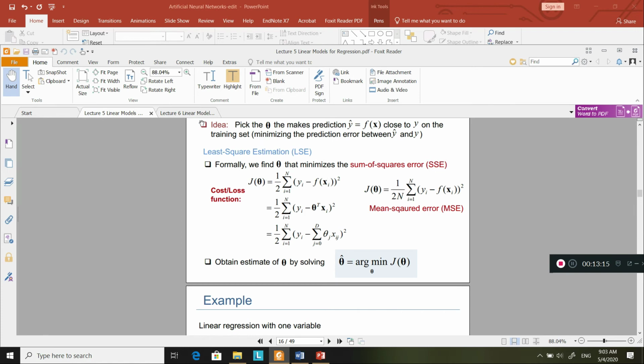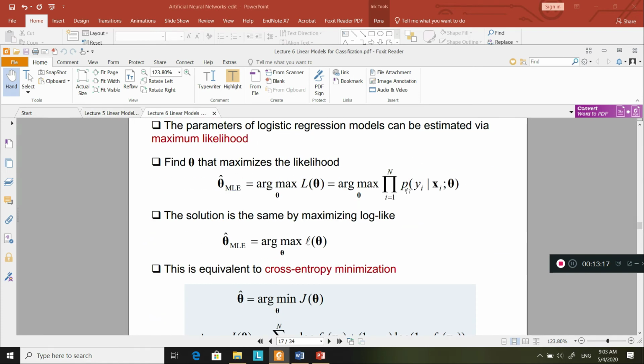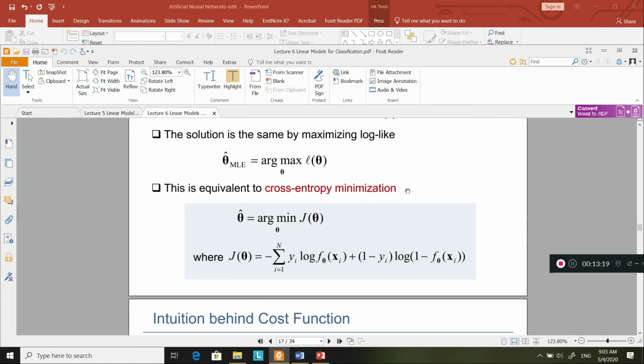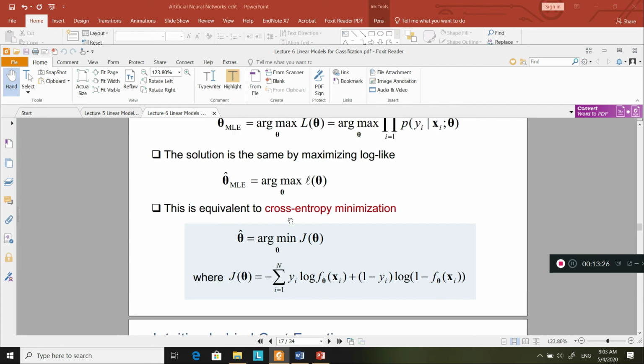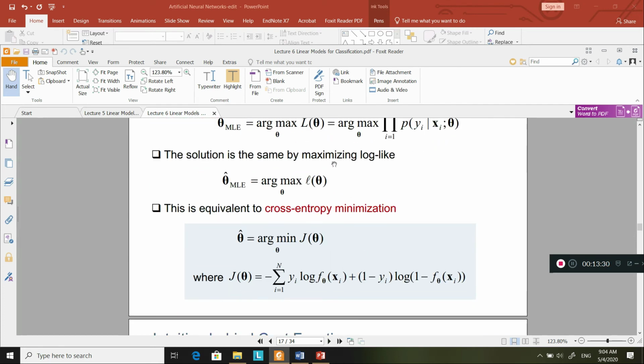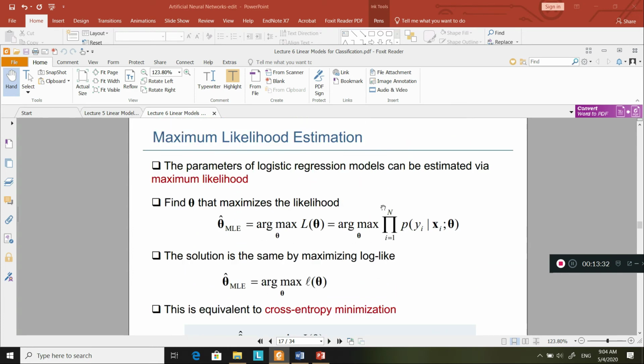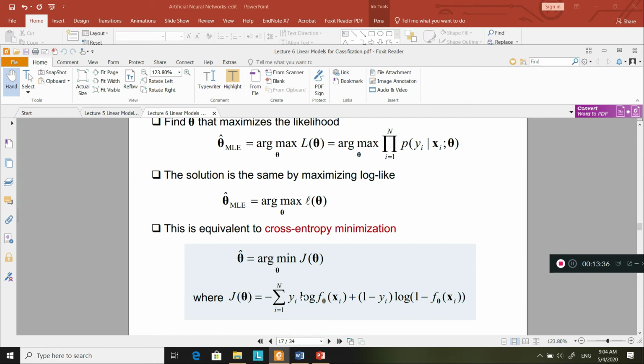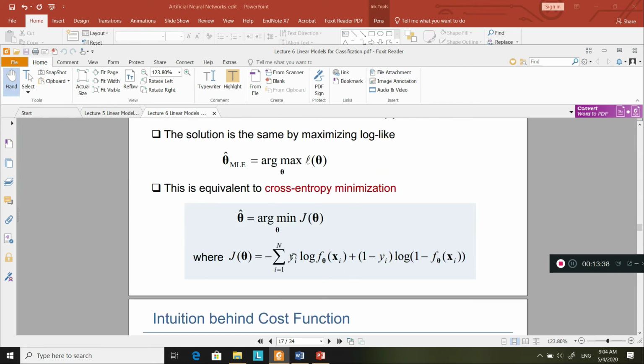But when you learned the linear model for classification, your cost function is actually the cross entropy, or maximizing what we call the maximum likelihood estimation, where J is defined as this expression.